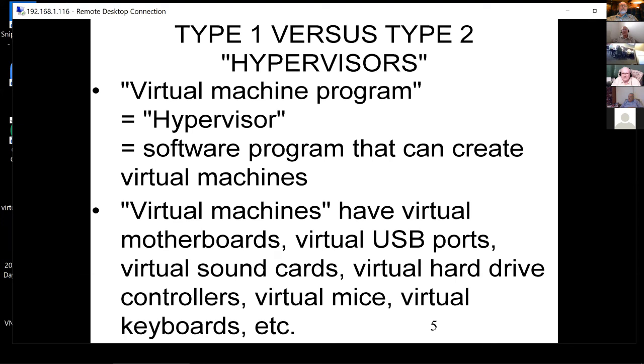Okay. A virtual machine, which is a computer that's created with software, has to have a virtual motherboard, virtual USB ports, with the exception of Microsoft's Hyper-V, they don't have any, virtual sound cards, virtual hard drives, hard drive controllers, virtual mice, and virtual keyboards. These things are all created by means of software.